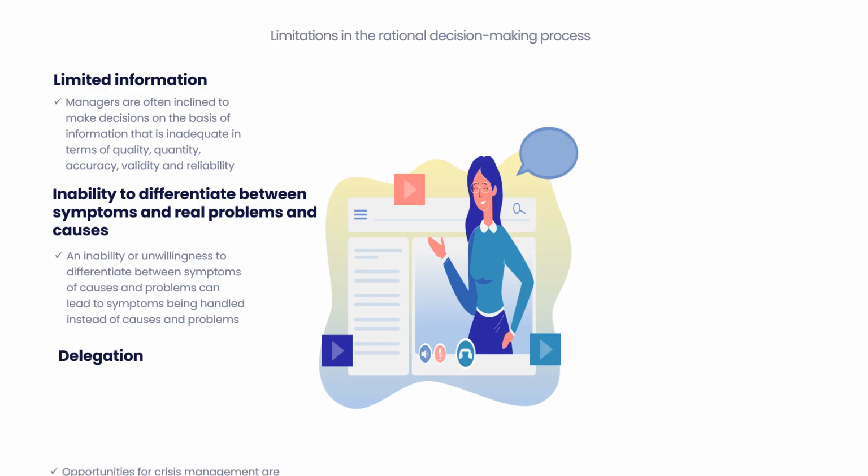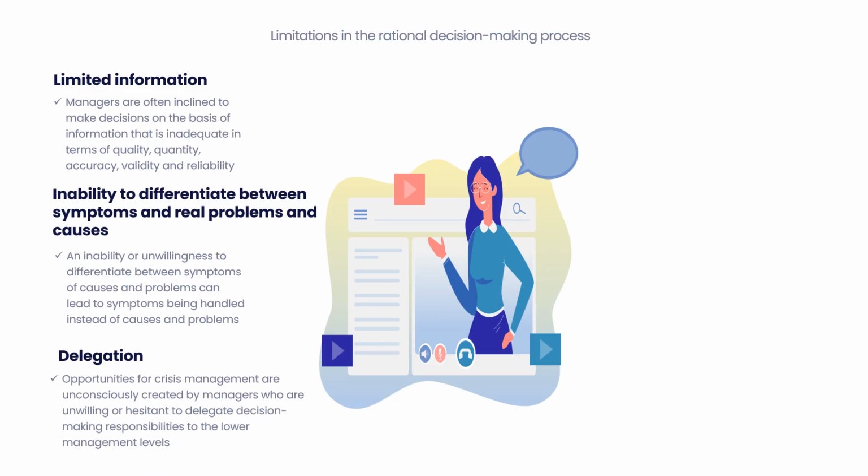Delegation. Opportunities for crisis management are unconsciously created by managers who are unwilling and hesitant to delegate decision-making responsibilities to the lower management levels. People working with you may also have experience and they can help you in decision-making. So do not overlook them.